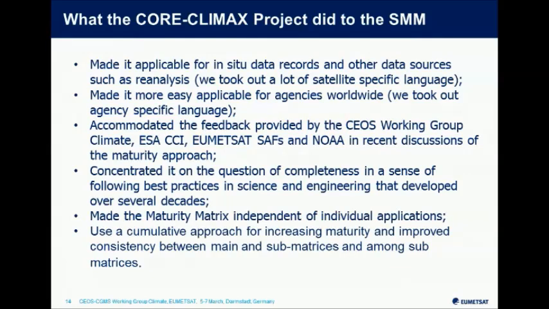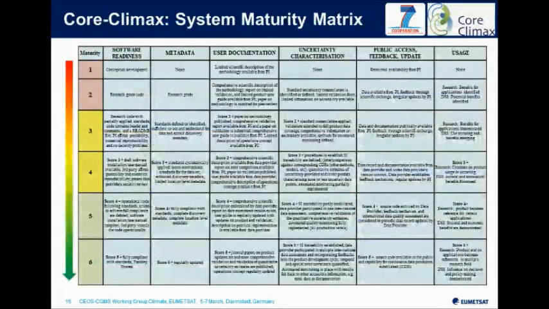We made the maturity metrics independent of individual applications, and we separated that part and put it into application performance metrics. We also used a cumulative approach for increasing maturity and improved consistency between the main and sub-matrices, and among sub-matrices, and we will come to that.